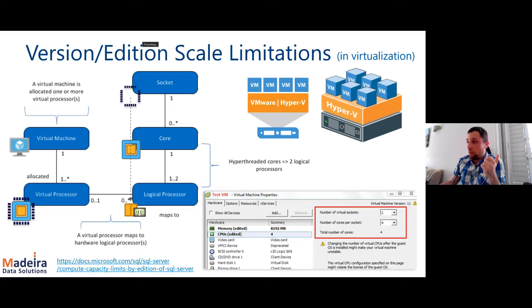The reason for that is because they configured too many sockets. They had 24 logical cores, okay? And they slapped on 6 virtual sockets with 4 cores per socket.